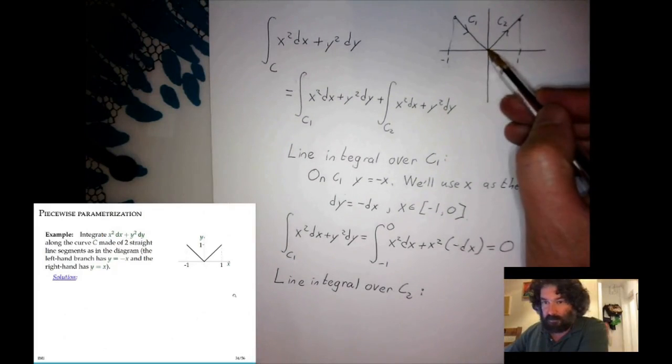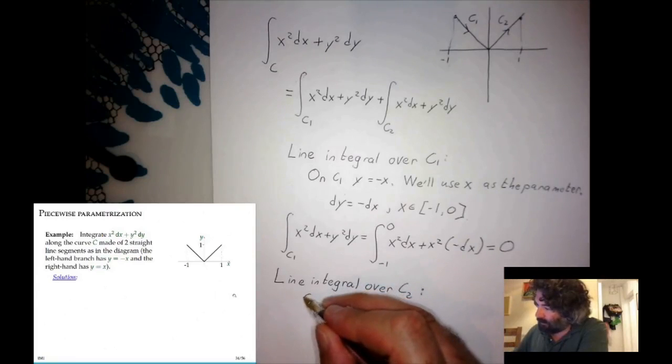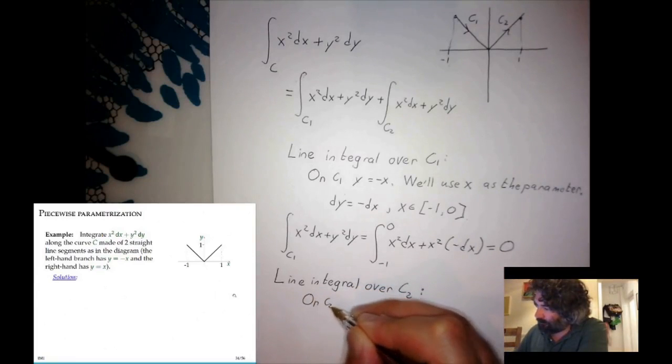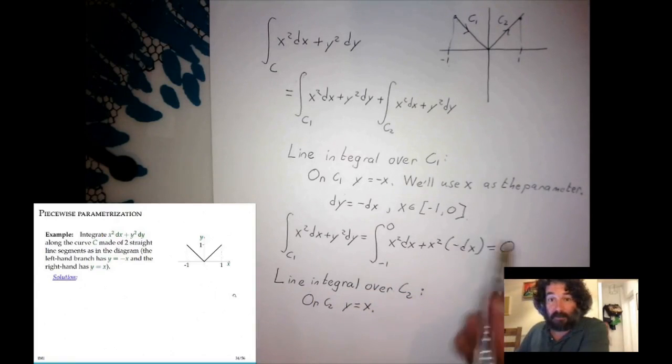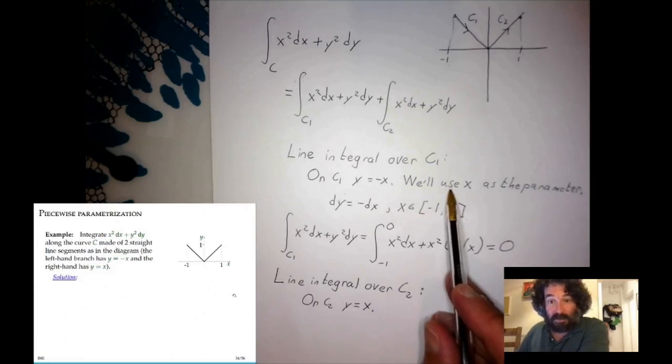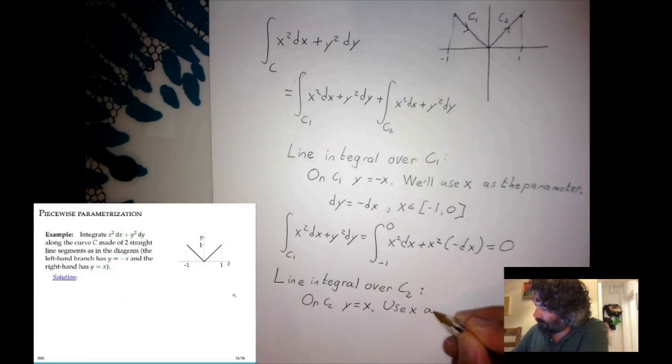On C2, we have y equals x. And we'll use x as the parameter, just as on C1. Use x as the parameter.